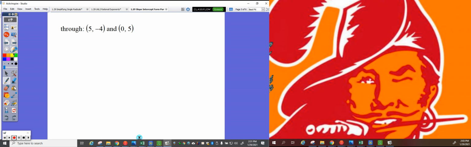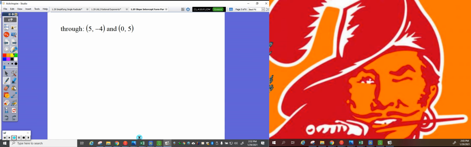You have 3 steps. First one is you have to find slope first. So we find the slope between these 2 points. The -4 comes first.